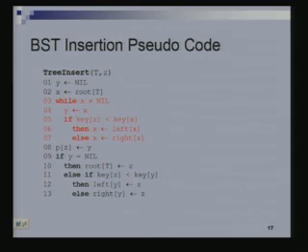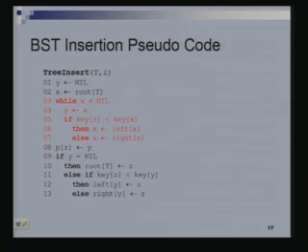We'll have 2 pointers x and y, such that y will be preceding x. So these 2 pointers will keep moving down, right? Such that y will always be the parent of x. Right.